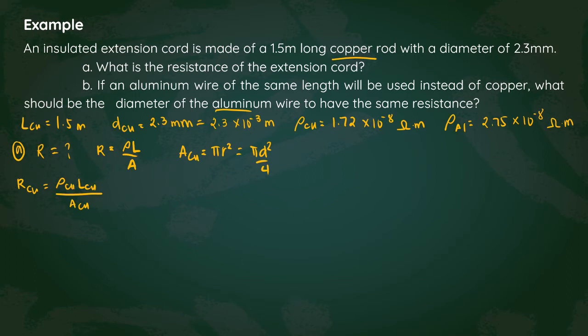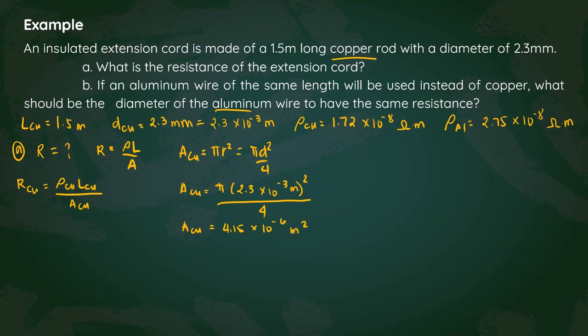Solving for the area of the copper, that's pi multiplied by the diameter, which is 2.3 times 10 raised to negative 3 meters, squared, over 4. So the cross-sectional area of the copper wire will be 4.15 times 10 raised to negative 6 meters squared.